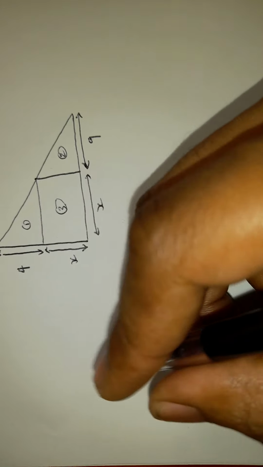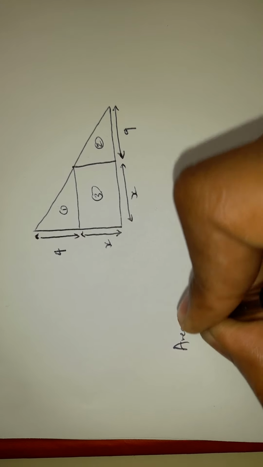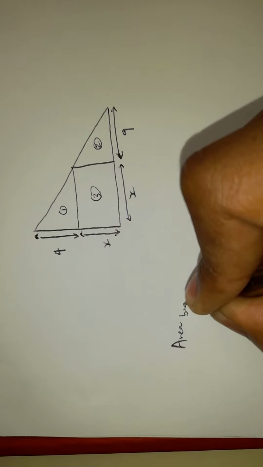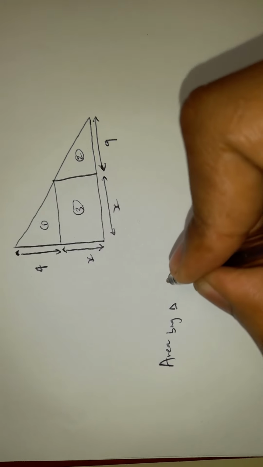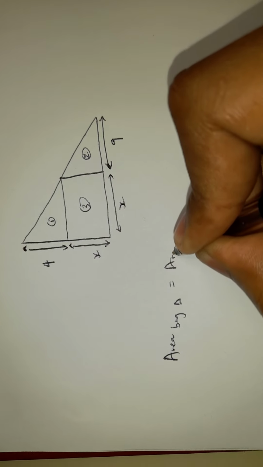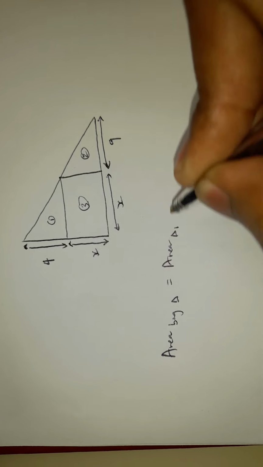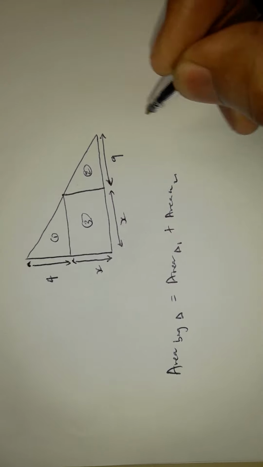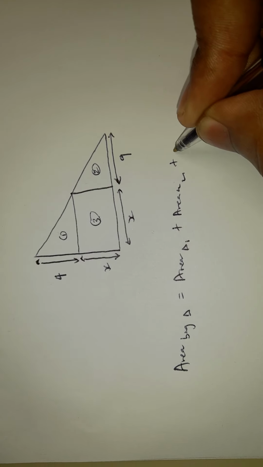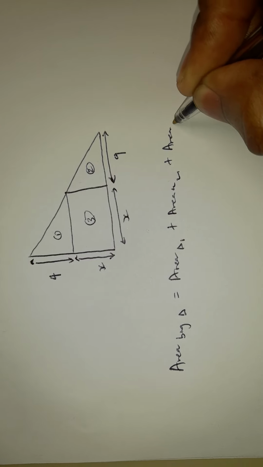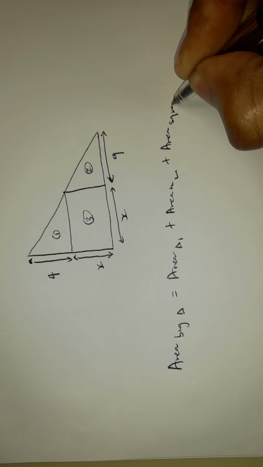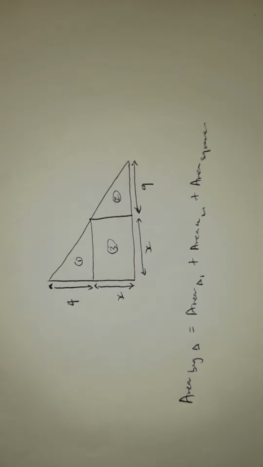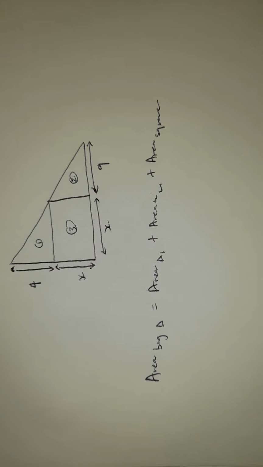So the area of the big triangle is equal to the area of triangle 1 plus the area of triangle 2 plus the area of the square, right? This is the way we are going to find x.